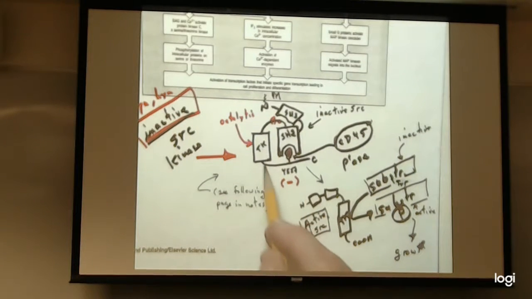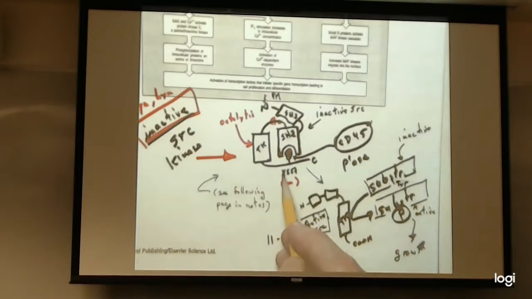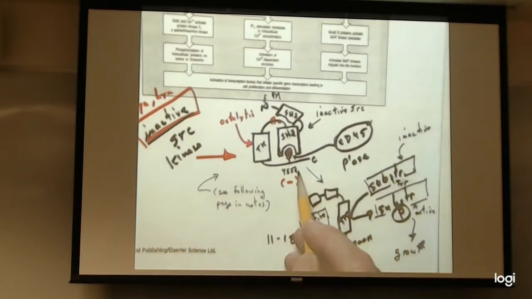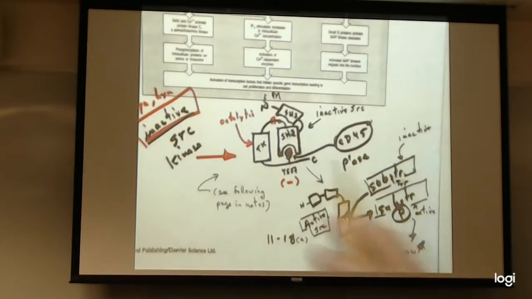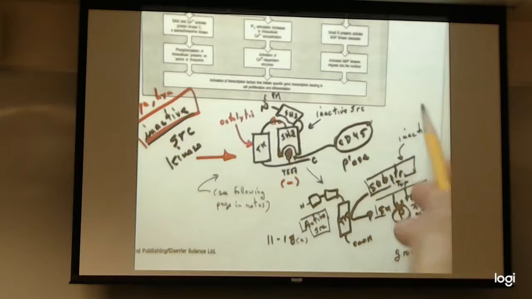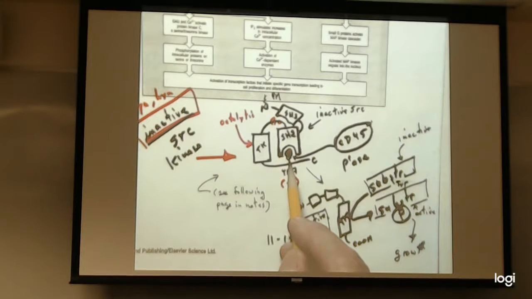And down near the carboxy-terminal end of Src, in Src itself, is tyrosine 527. This gets phosphorylated by another tyrosine kinase whose special job in life is only to phosphorylate this, and by phosphorylating this, we inhibit Src.